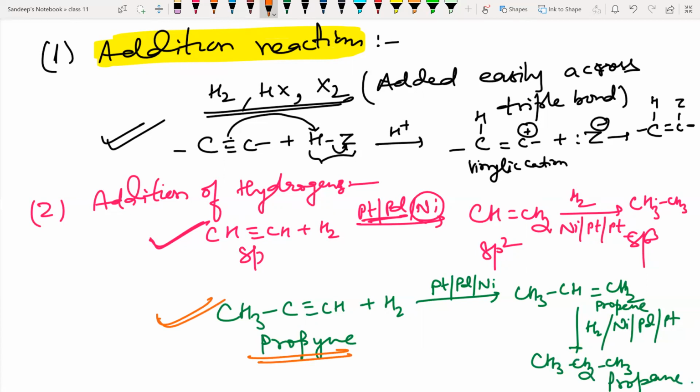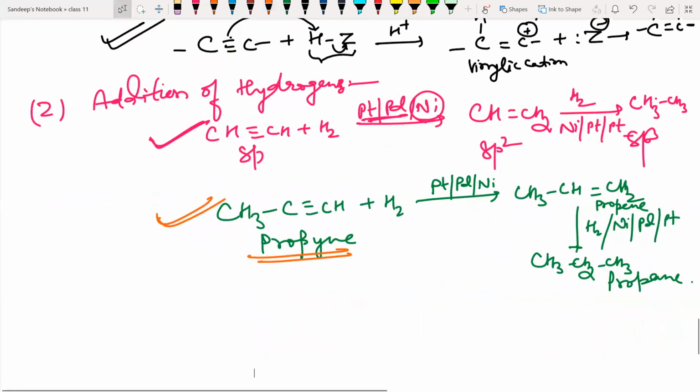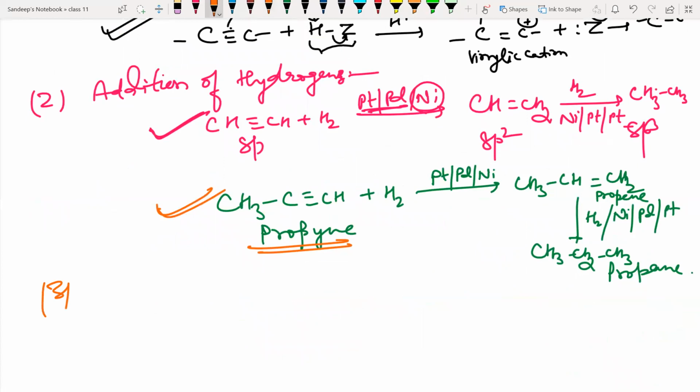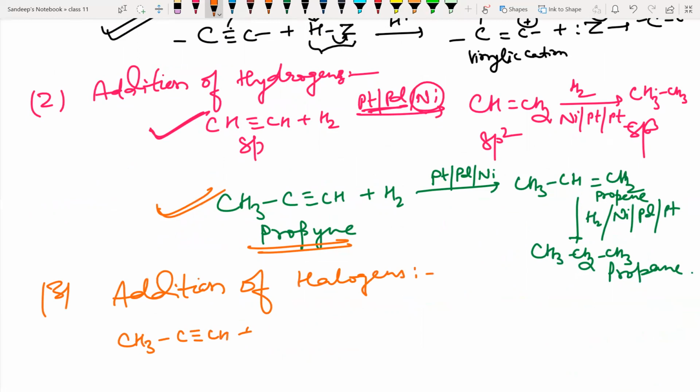Now we will discuss addition of halogens. Third reaction. Addition of halogens. Suppose we take propyne and treat it with Br2, it forms CH3CBr double bond CHBr. It is called 1,2-dibromopropene.